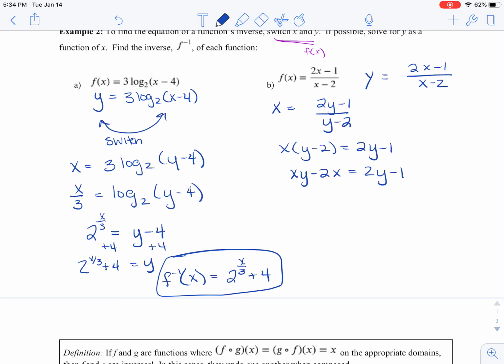So I'm going to get y's on the left-hand side by subtracting 2y from both sides, and anything else on the right-hand side by adding the 2x. So that will give me xy minus 2y equals 2x minus 1. And now both terms on our left-hand side have a y, so I can factor out a y.